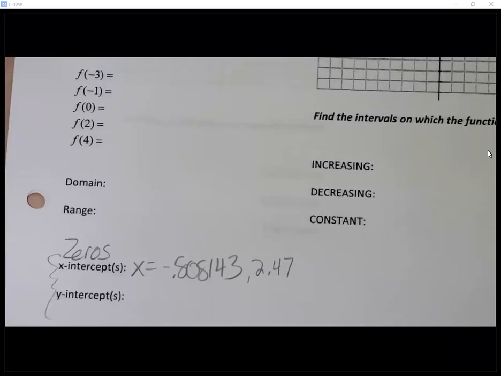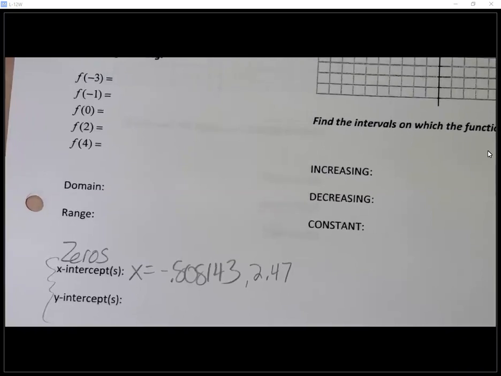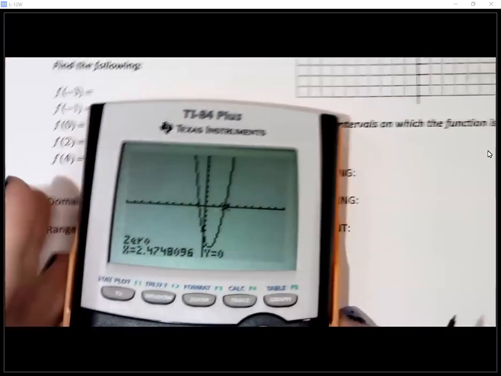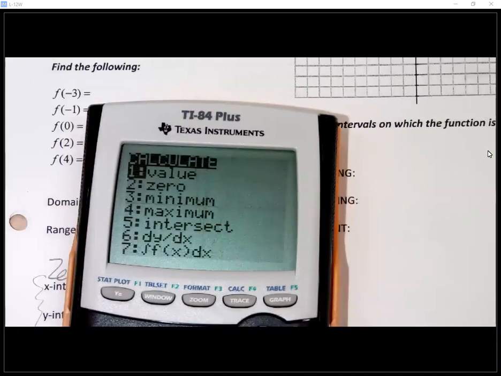Now to find the y-intercept, it's actually pretty easy to do because what's the value of x at the y-intercept? 0, right? So I don't know if you recall, but if you go back to that calc menu, if I hit second calc again, the very first option, value, lets me plug in any number I want for X and see what its value is.